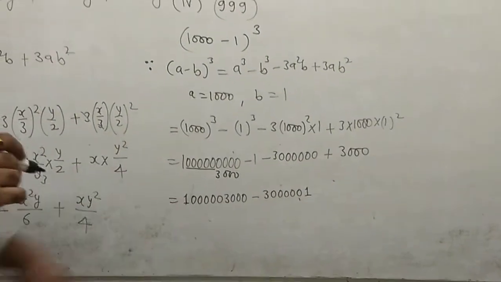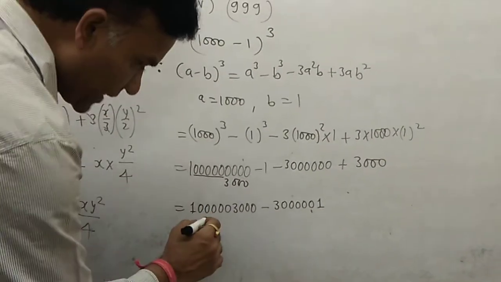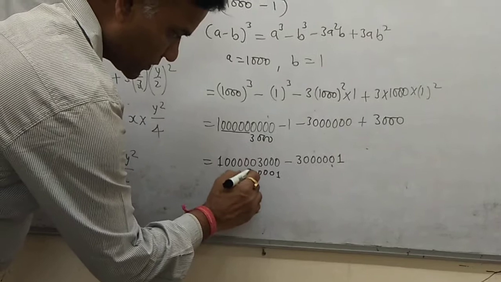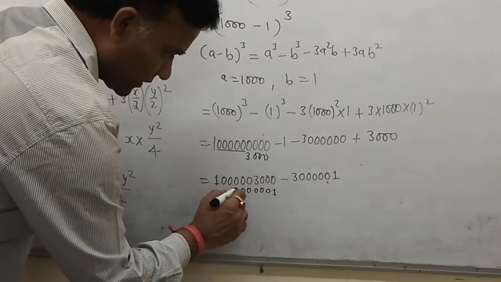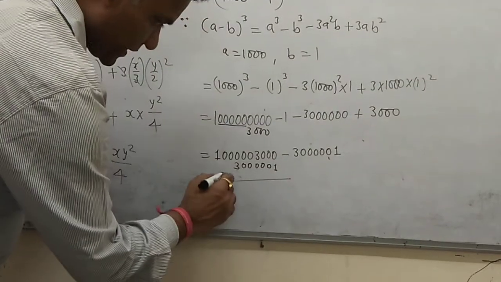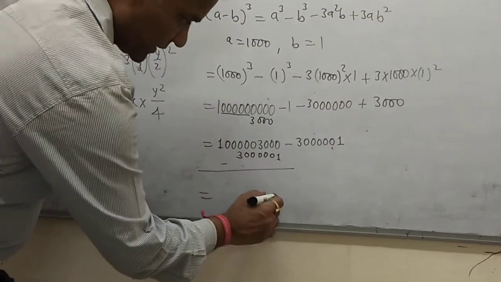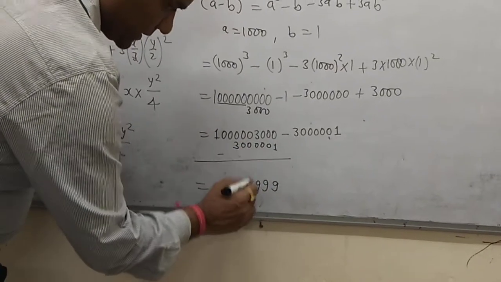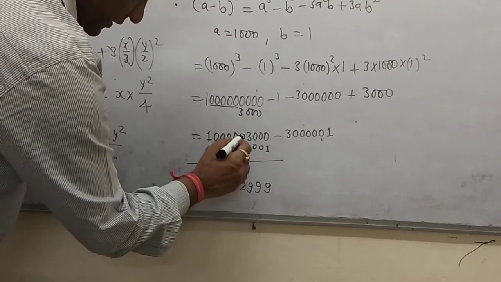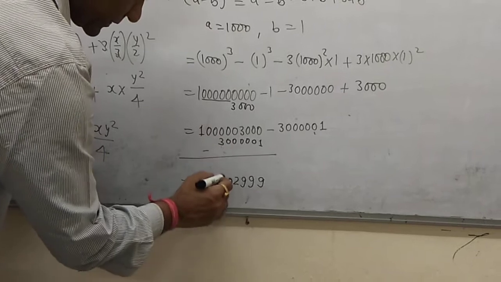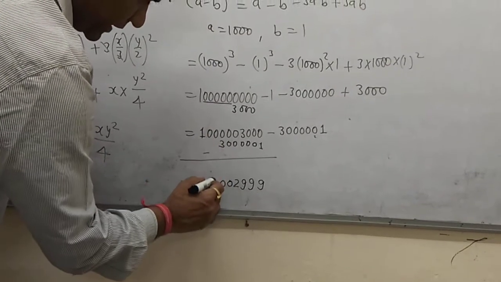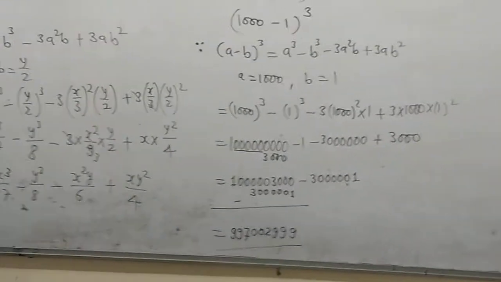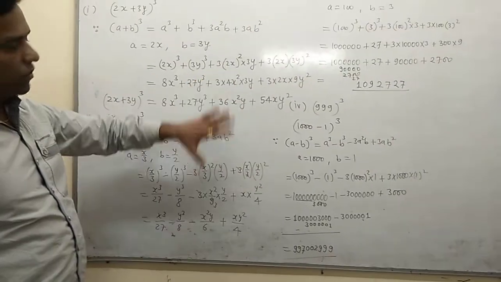Now we subtract with this term and then minus here, so 1 you put as it is, 0 2 0 3 0 4 0 5 0, and then you can write 3. After subtracting, the answer you can write here like 9 and then 9 and then 9 then 2. This 0, again 0, 10 minus 3 is 7 and then 9. So this is the expansion of 999 whole cube.